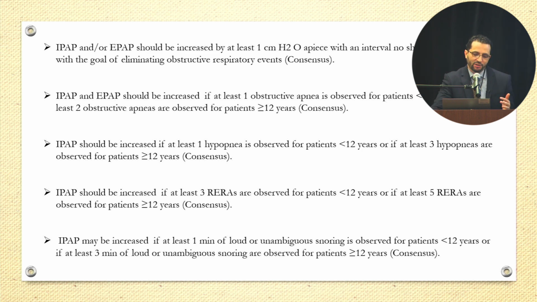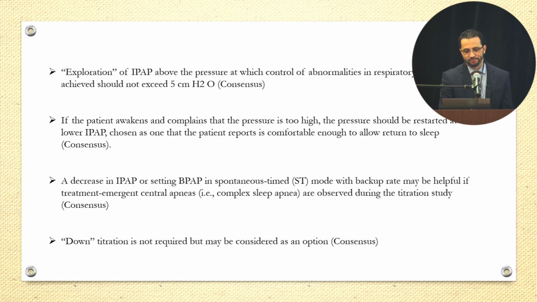For RERAs, or respiratory effort-related arousals, you need at least 3 to change your PAP pressure for children, and 5 of those in adults or children who are older than 12 years old. If you eliminate obstructive events and you still have snoring, you're still going to need to increase the IPAP pressure: 1 minute of loud snoring for children, and 3 minutes of snoring for adults to increase your IPAP pressure.